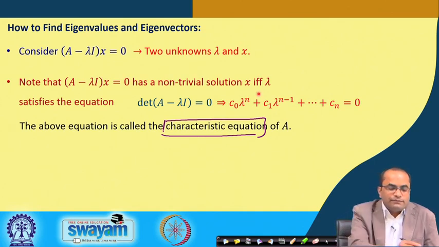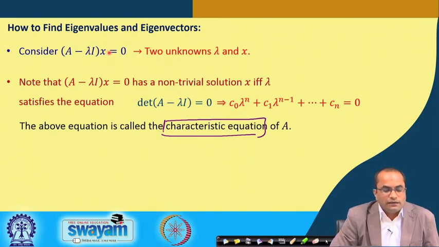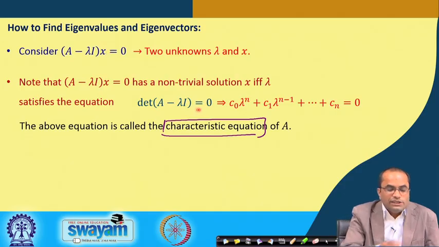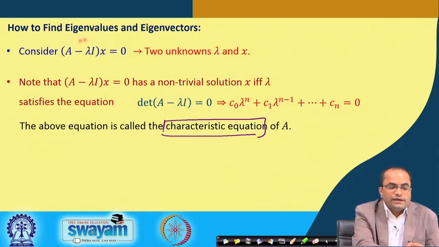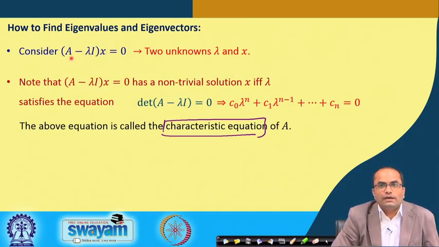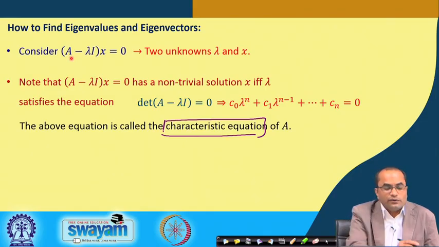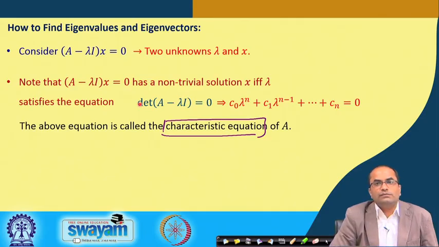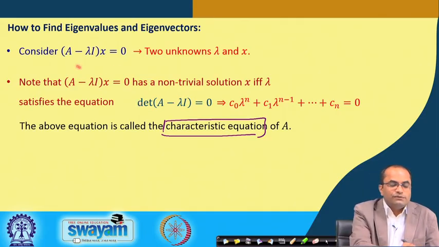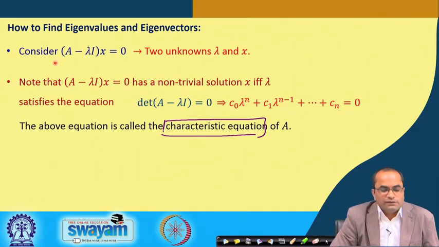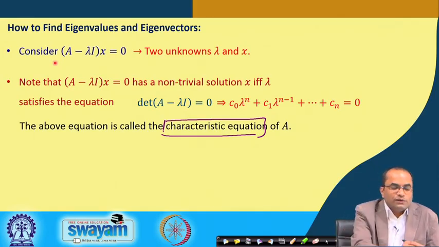Once we have the lambda, we have this equation (A minus lambda I) x is equal to 0, and for each lambda we can find the solution of it. Note that our lambda comes from the condition that the determinant is 0. So naturally we will get a non-trivial solution of (A minus lambda I) x is equal to 0, because the trivial solution would come when this determinant is not equal to 0.